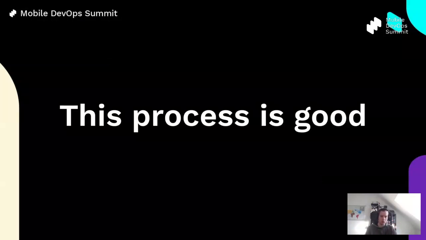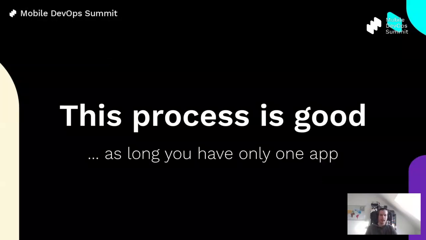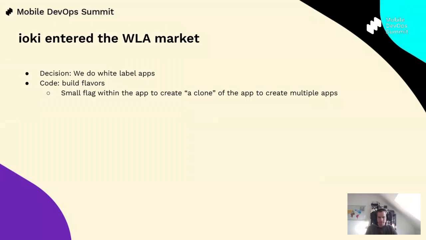This process is good and it's a nice process as long as you have only one app, or at least not more than a handful of apps. Afterwards, Aoki entered the white label app market. So the decision was made: we want to do white label apps instead of only one app. And how did we do this?